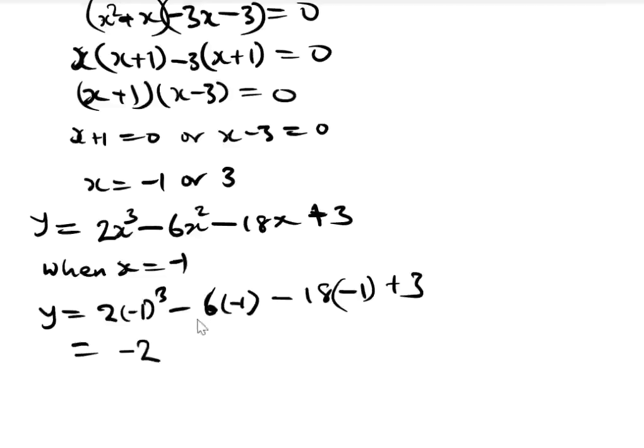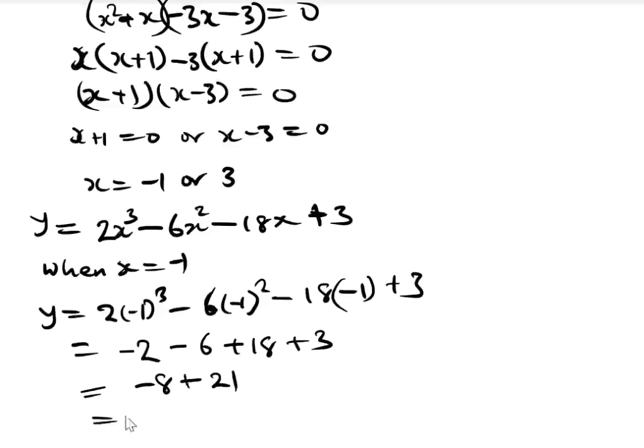Minus 2, minus 6. Minus 1 squared is 1, and 1 multiplied by minus 6 is minus 6. And minus 18 multiplied by minus 1 will be plus 18, and plus 3. This is equal to minus 2 and minus 6, which is minus 8, and plus 18 plus 3 will be 21.